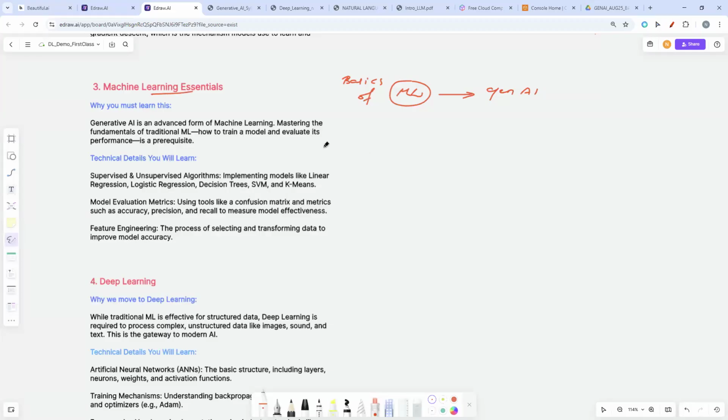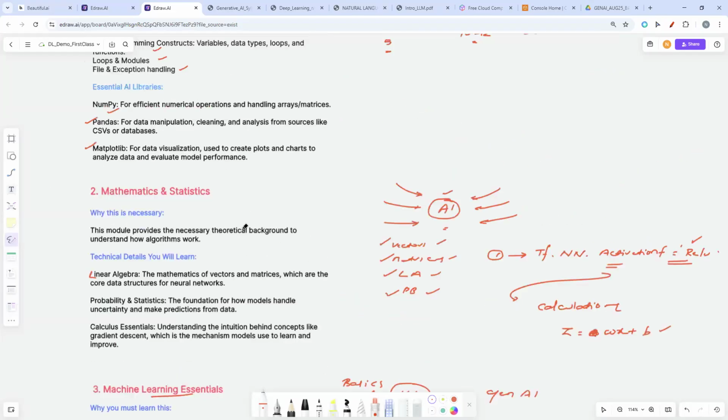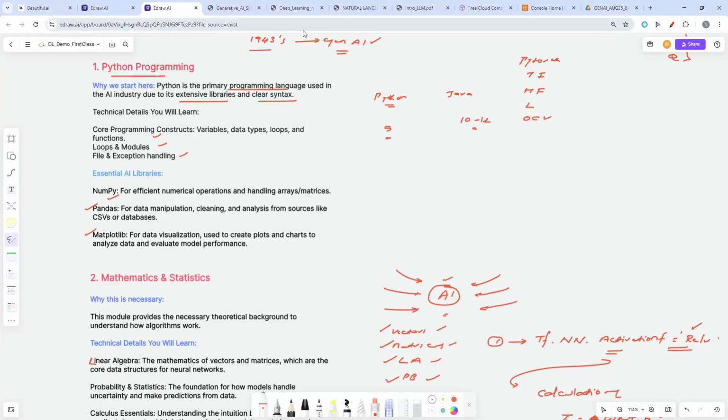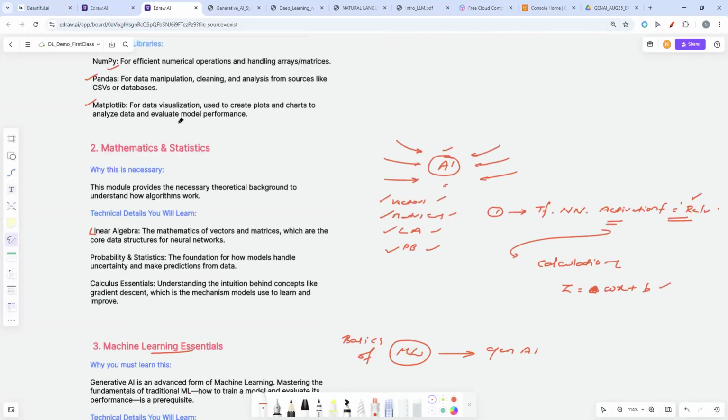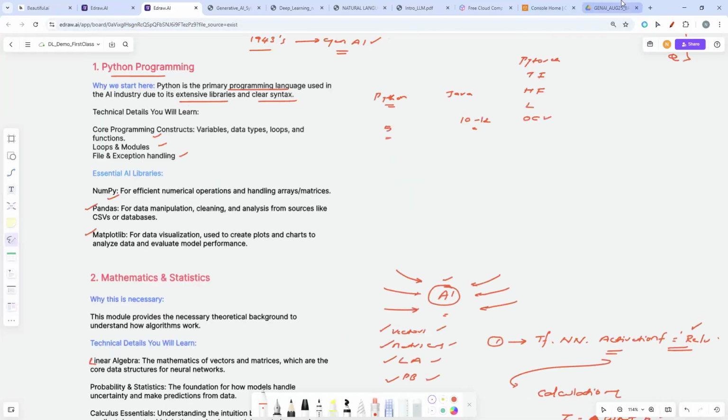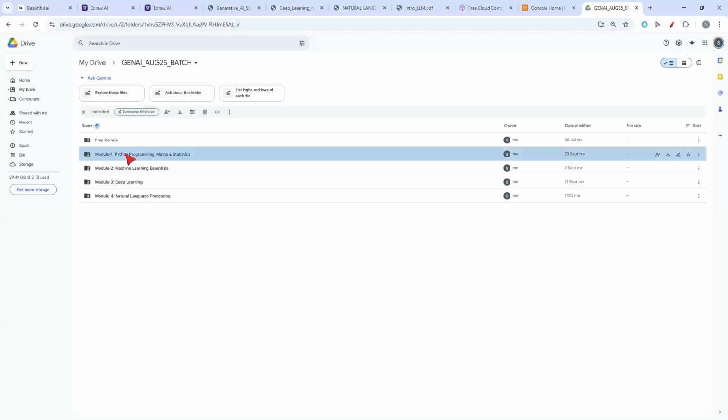And during your sessions, you'll have some 7 to 8 hours of class on machine learning essentials. Then mathematics also something like that, and Python programming also. Python programming, you'll have extensive coverage on everything.